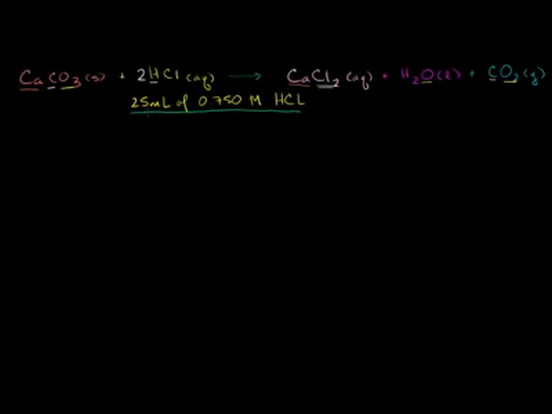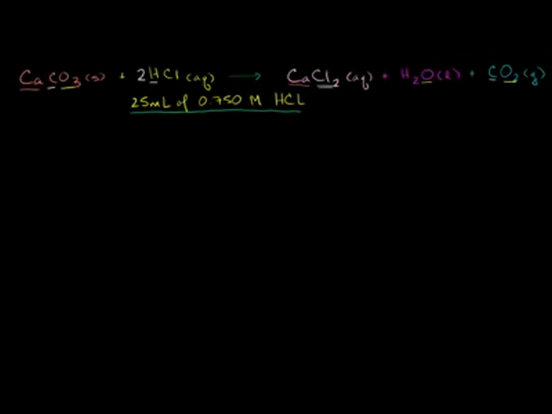I've told you the amount of solution containing hydrochloric acid and the concentration. So what we're going to do is take this information to figure out the moles of hydrochloric acid in this reaction. How many moles do we have in this solution? And then for every 2 moles of hydrochloric acid, we're going to need 1 mole of calcium carbonate. You're going to see that. And then we just have to figure out, given that we're going to need half as many moles here as there are here, how much mass is that?